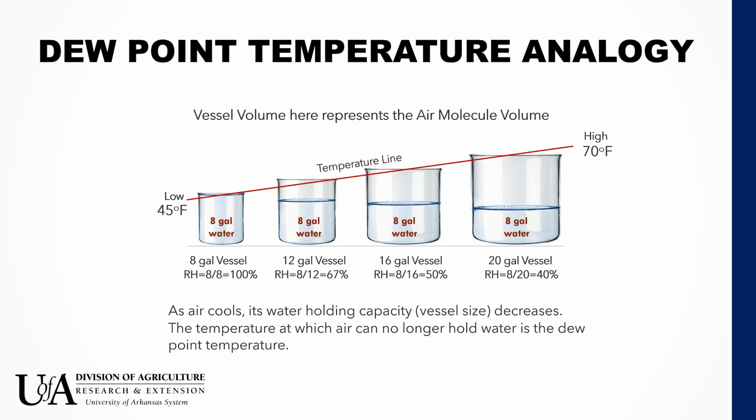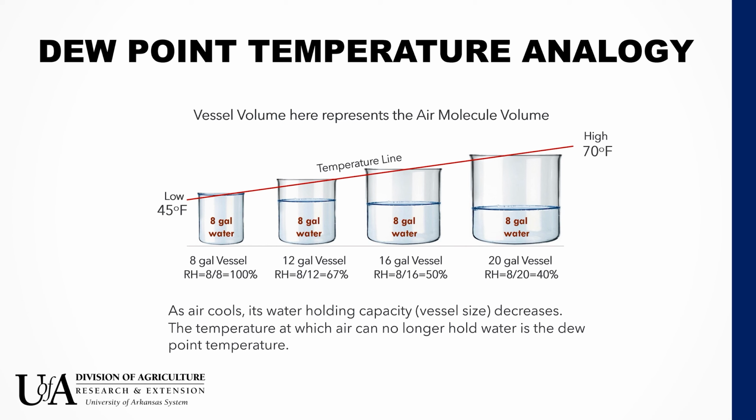Now, as you reduce the temperature and maintain the same amount of water inside, you notice that the vessel volume reduces. And as the vessel volume reduces, the relative humidity increases. All the way to about 45 degrees Fahrenheit, we have 8 gallons of water in a vessel volume of 8.